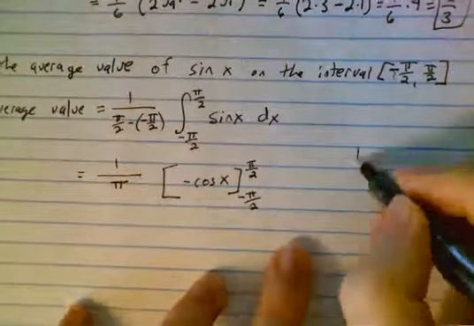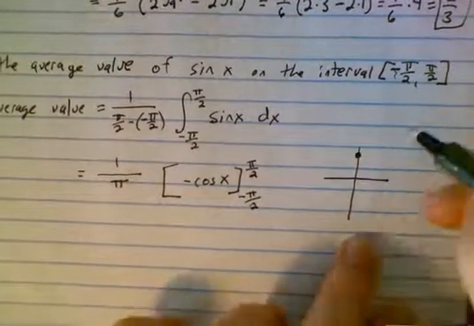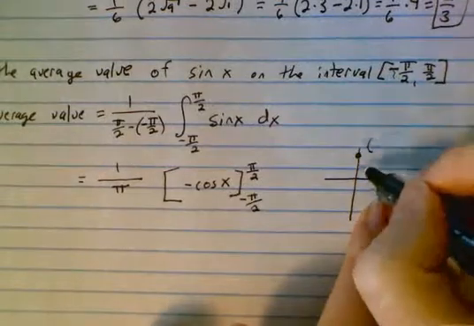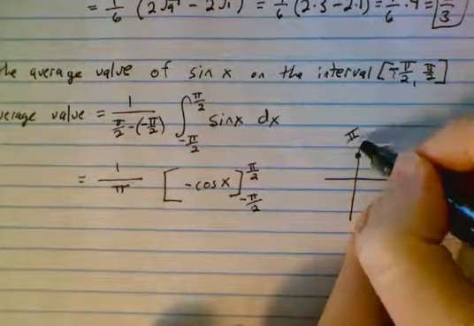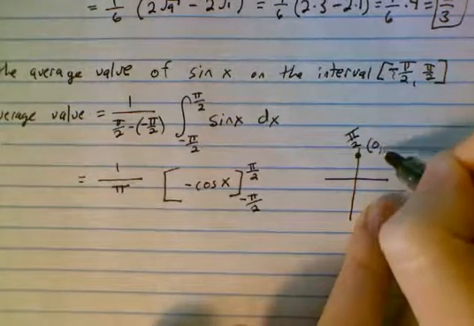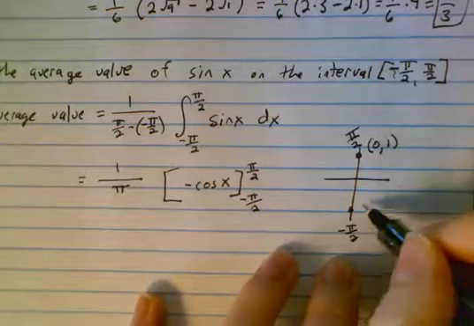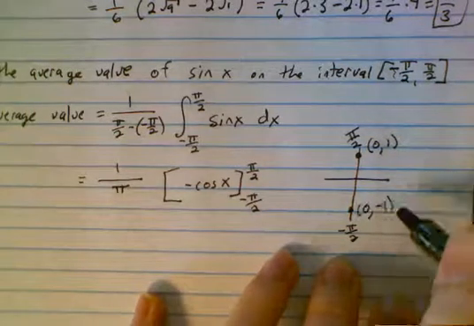So let's go ahead and draw our axes, figure out what that is. Cosine is the x-coordinate, so when x is pi over 2, our coordinates are 0, 1. When x is negative pi over 2, our coordinates are 0, negative 1.